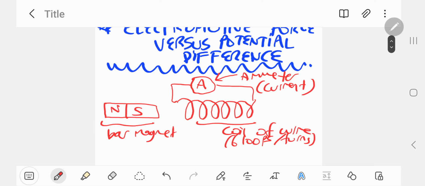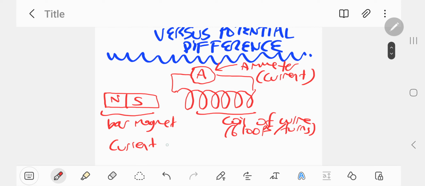So from everyday experience, we know that if you have a coil of wire, or just a wire for that matter, and you hook it up to an ammeter, there should be no current reading on the ammeter. There should be no current, because current by definition, from Year 11 physics, is the amount of charge flowing through a point in a certain amount of time.